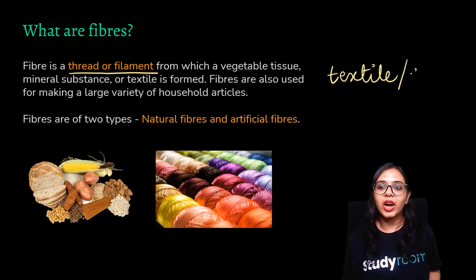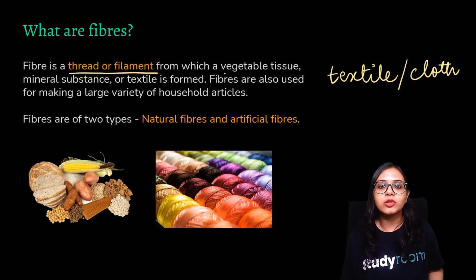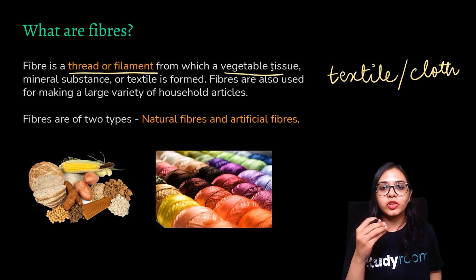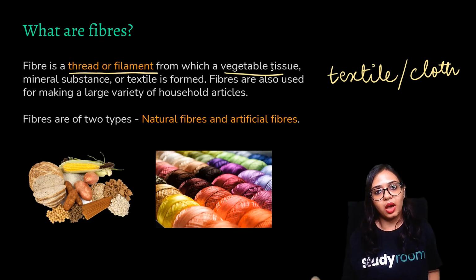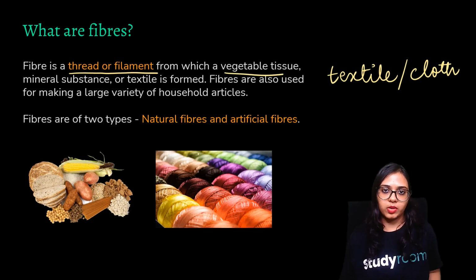But fibers are basically these small threads, and vegetable tissues are made up of these threads. And even mineral substances that occur naturally in plants or in nature are sometimes also made up of these filament-like structures, which are fibers.